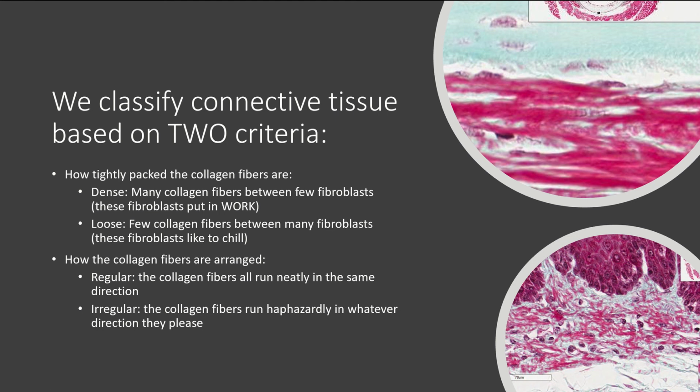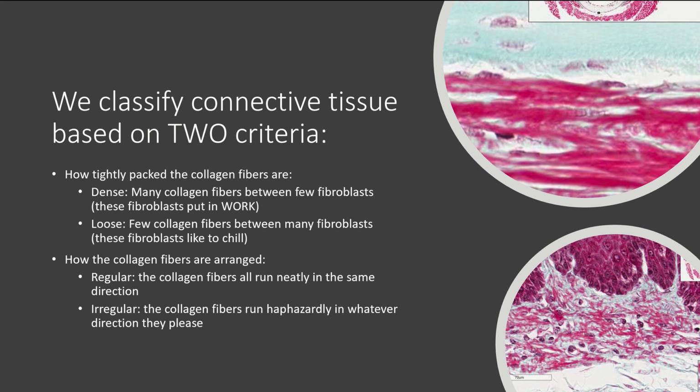Again, we have two different terms that we apply to connective tissue to make one name to describe it. So the first criteria that we use to define connective tissue is how tightly packed the collagen fibers are.